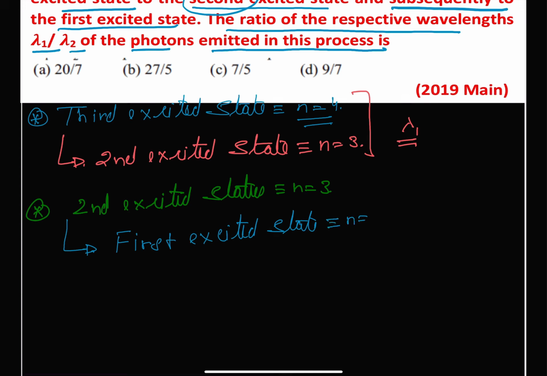Value of n is equal to 2, and under this process the wavelength is our λ2, which we have, and ratio we are going to find out λ1 upon λ2.